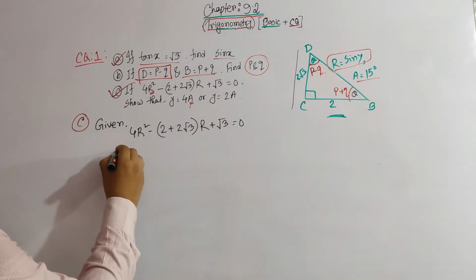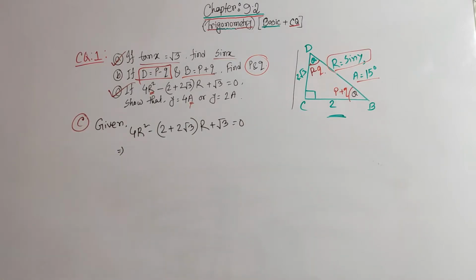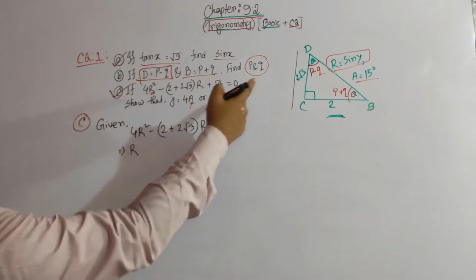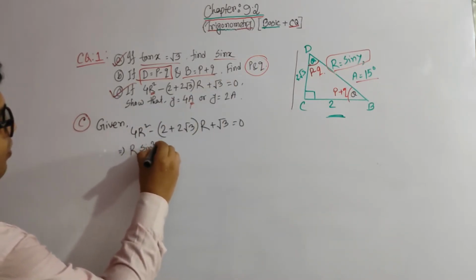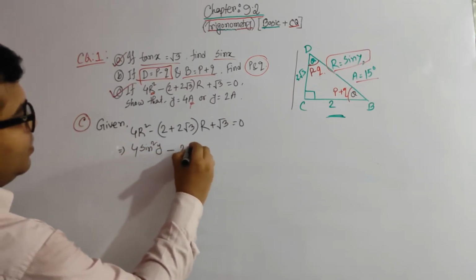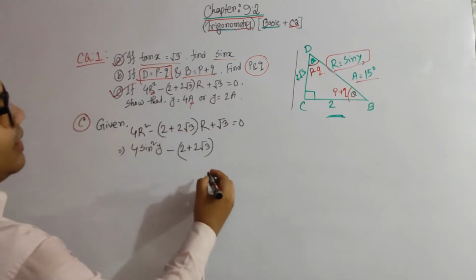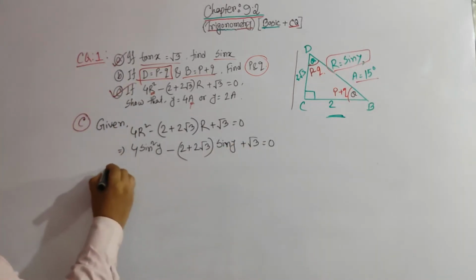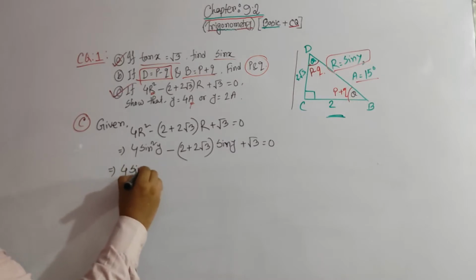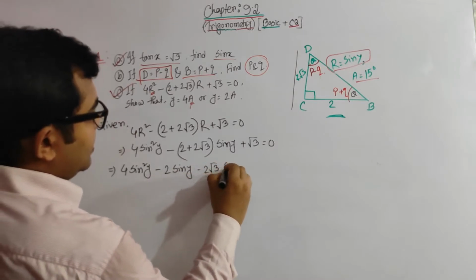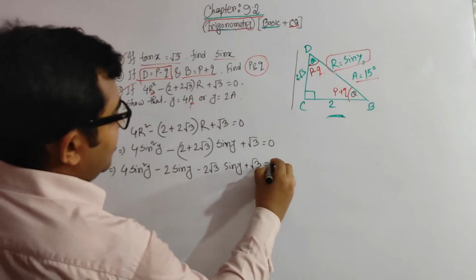Here we can write 4 sine square y minus (2 plus 2 root 3) into r, that means sine y, plus root 3 equal 0. And from here we can write 4 sine square y minus 2 sine y minus 2 root 3 sine y plus root 3 equals 0.